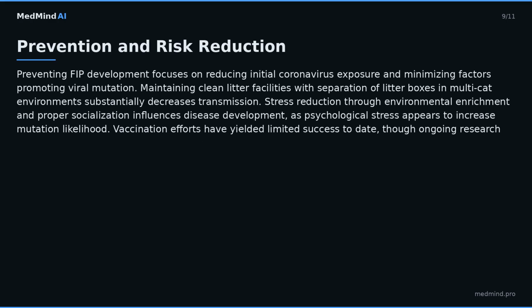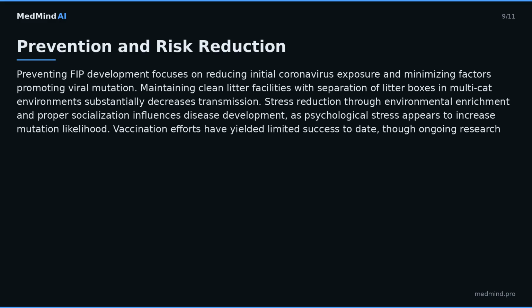Prevention and risk reduction. Preventing FIP development focuses on reducing initial coronavirus exposure and minimizing factors promoting viral mutation. Maintaining clean litter facilities with separation of litter boxes in multi-cat environments substantially decreases transmission.